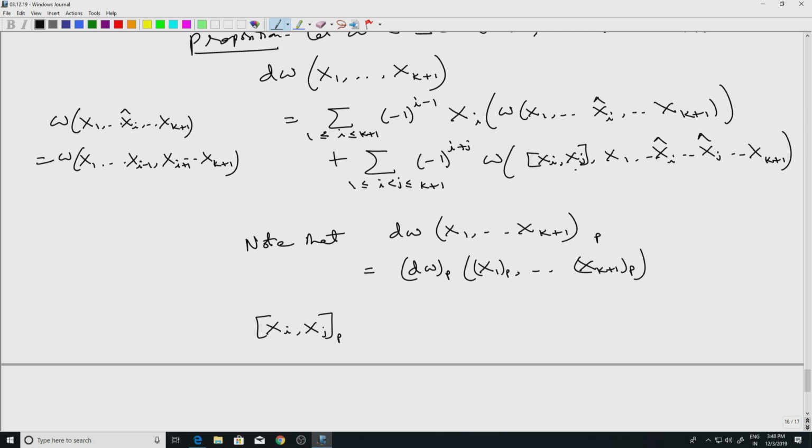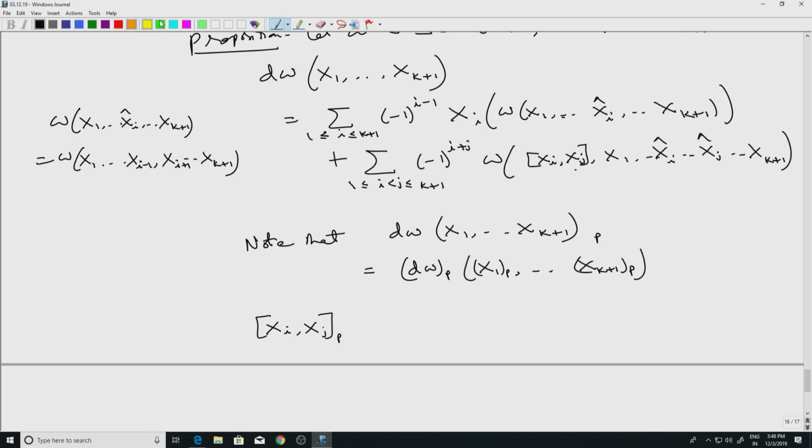Likewise for the first term as well. I am going to take the directional derivative along xi of this function. It will matter how x1, x2, up to xk plus 1 are defined in a neighborhood of the point.